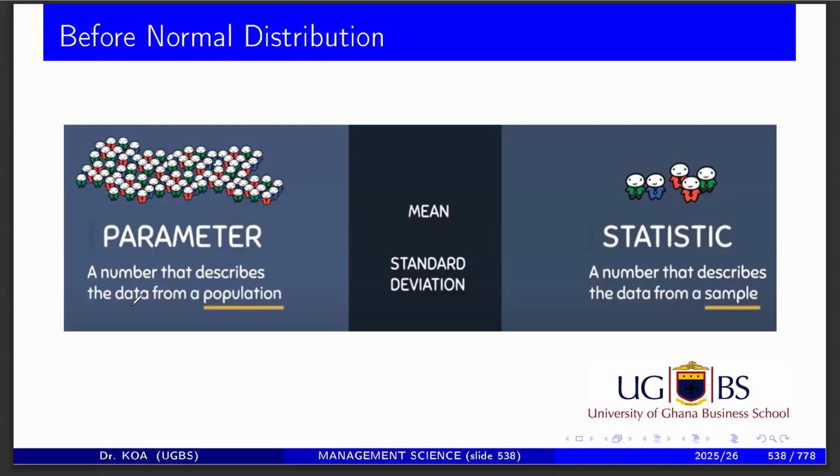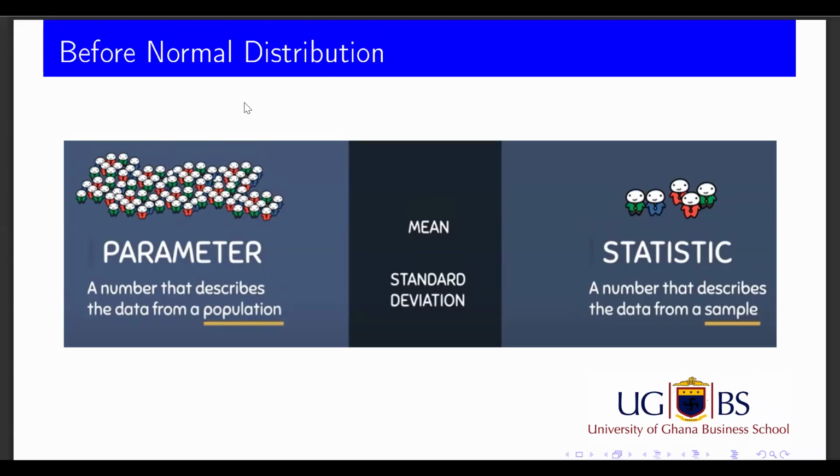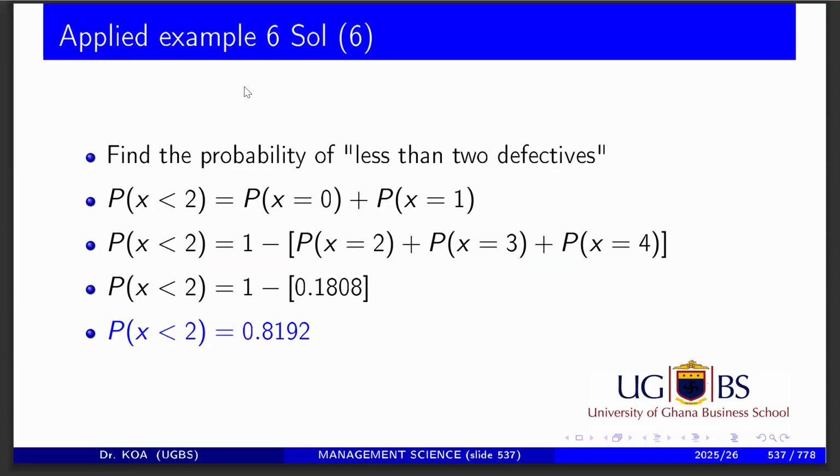So that is it. At this stage, I'm just going to pause for us to continue next time on the normal distribution. These are the two main things that you need to know about binomial and Poisson. The most important thing is to identify that within the Poisson, you are dealing with the mean of the probability. But with binomial, you must read the question well to give you a sense of choice.